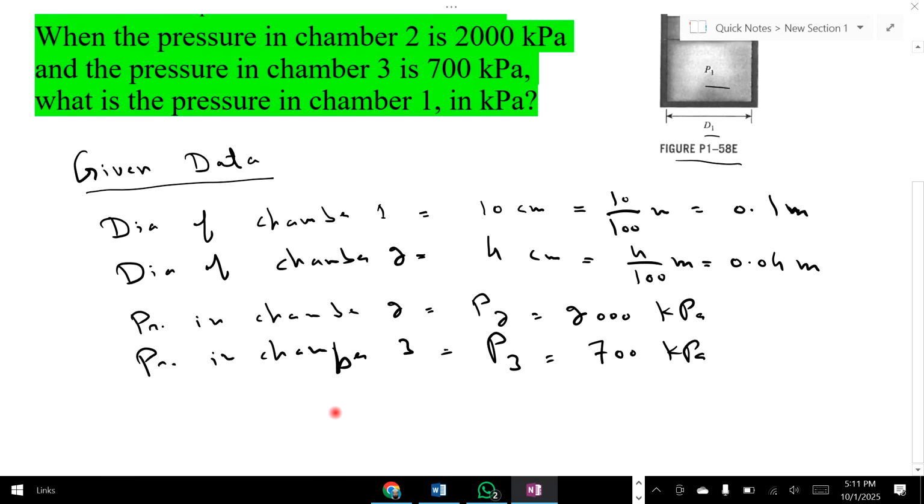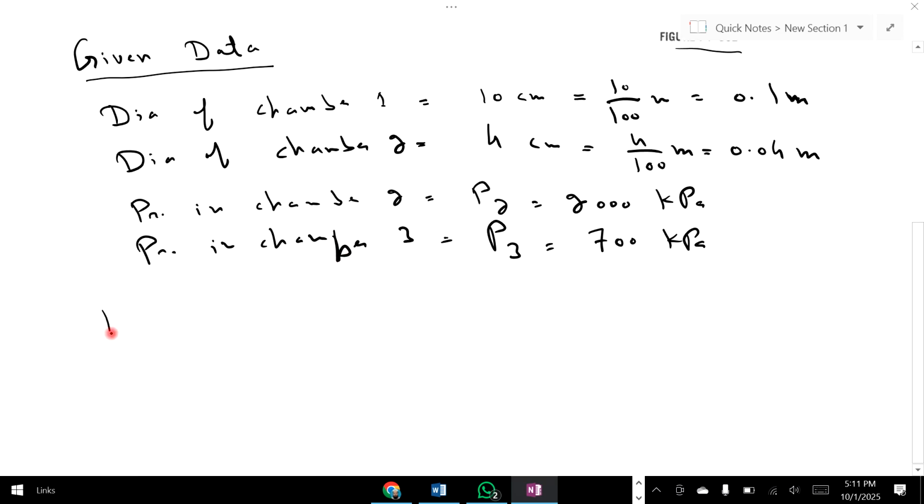What is the pressure in chamber 1 in kilopascal? Required: find the pressure in chamber 1, P1, in kilopascal.